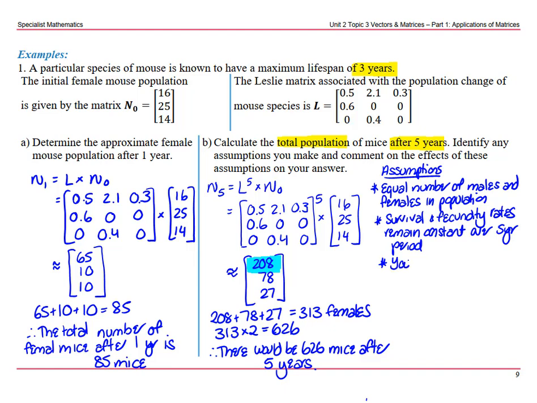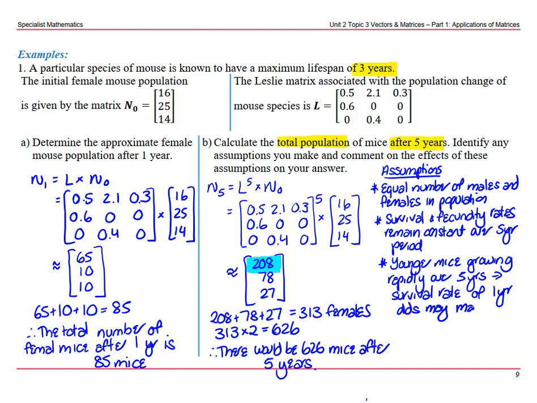So for that to occur, the survival rate of our 1-year-olds may decrease depending on resources. So there might be too many to sustain regarding food, for example.